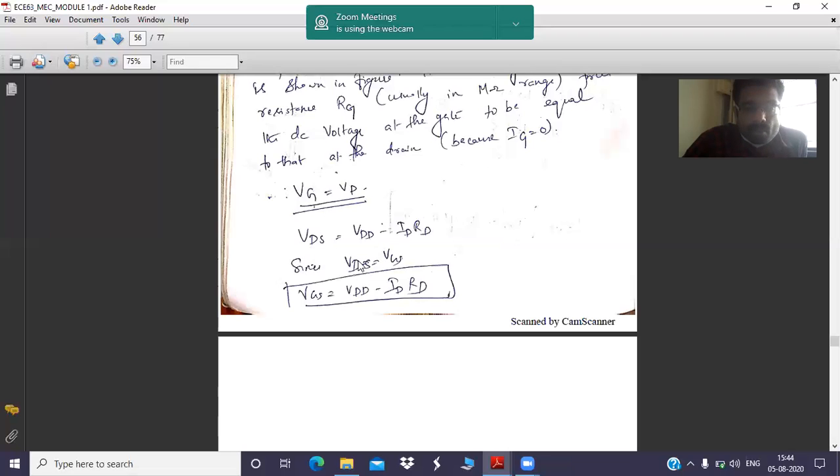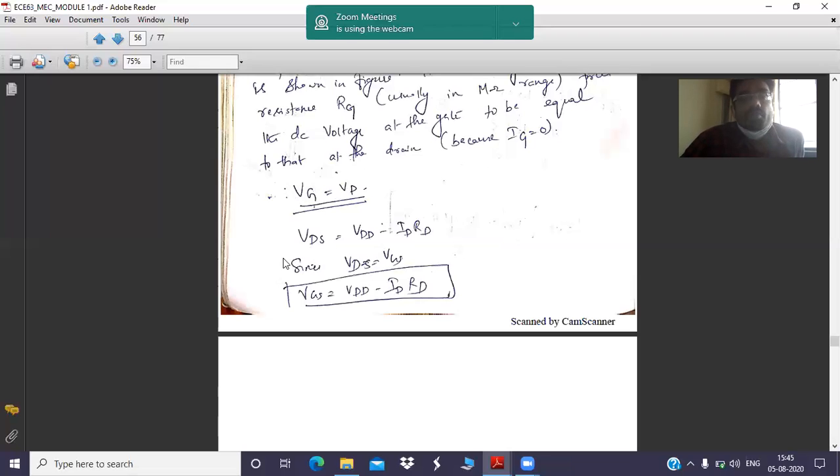Now I told you VD is equal to VG. Why is VD equal to VG? Because there is no potential difference across the resistance, since the current through the resistance is zero. In the previous lecture I told that there is no current flow through the resistance, meaning the potential difference is zero.